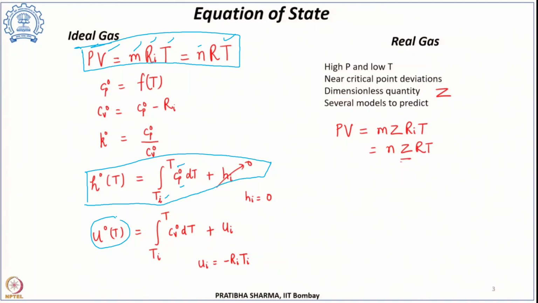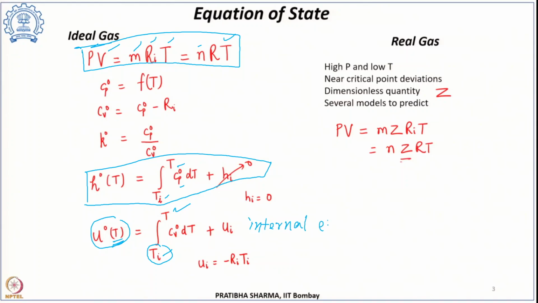U means internal energy, which is also a function of T. It is determined using the specific heat at constant volume multiplied by dT. That's why we integrate from the initial temperature to the final temperature. It is important.